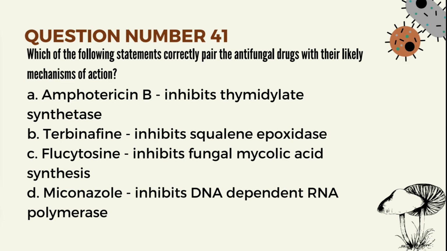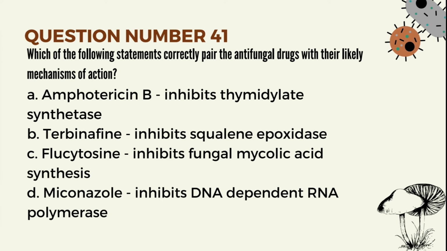Question number 41. Which of the following statements correctly pairs the antifungal drug with its likely mechanism of action? A. Amphotericin B: inhibits dimethylate synthetase. B. Terbinafine: inhibits squalene epoxidase. C. Flucytosine: inhibits fungal mycolic acid synthesis.